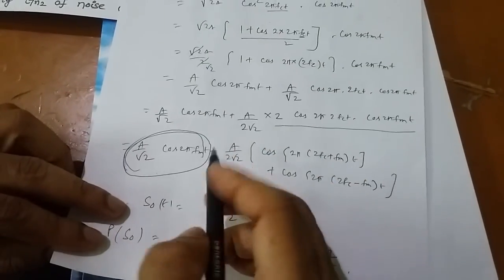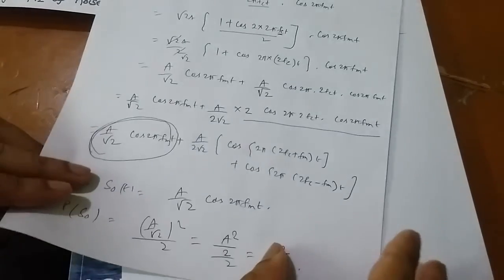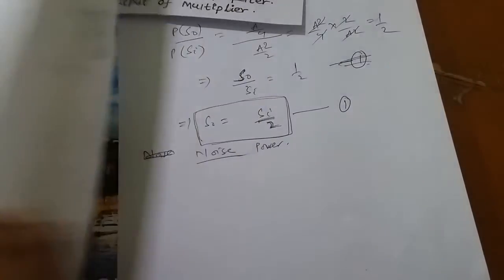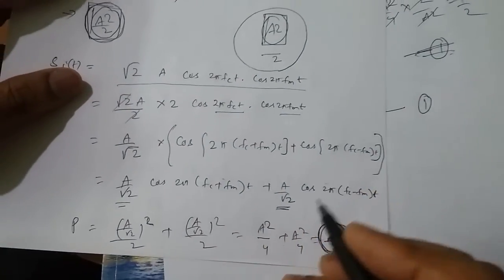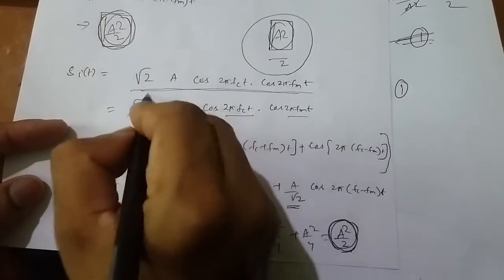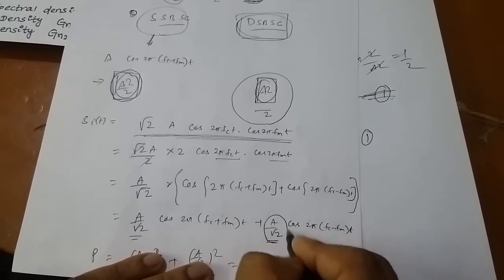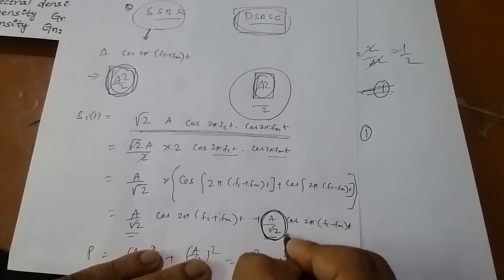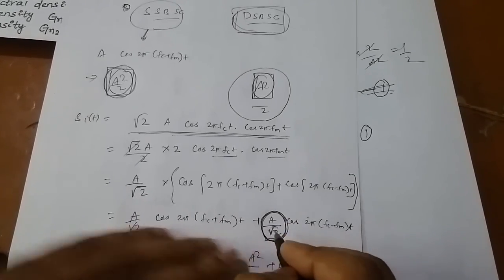For a double sideband suppressed carrier, before the multiplication, the sideband amplitude was a by root 2.